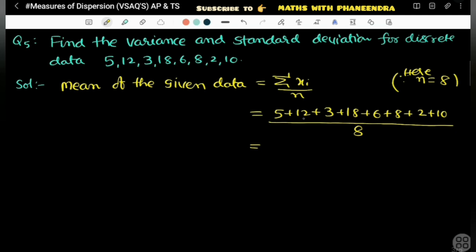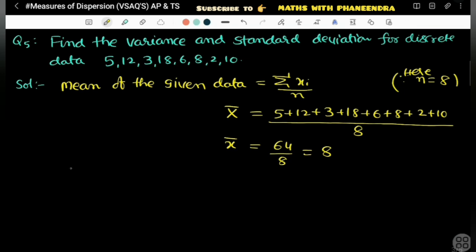So 12, 17, 17 plus 3 is 20, 20 plus 20 is 40, 40 plus 10 is 50, 50 plus 14, 64, 64 by 8. 8 8s are 64. So therefore the mean, x bar, is equal to 8.